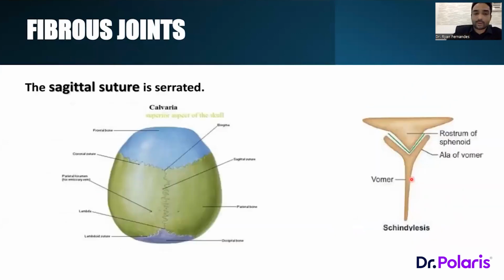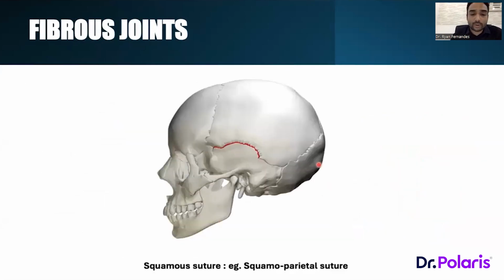Then comes sagittal, the simplest one that you can see, the sagittal suture in the skull. That is the example of serrated suture. And the rostrum of the sphenoid, the ala of the vomer. So the ridge going into the groove, ridge going into the groove. So that is sindesmosis. So these are the different sutures that you have to remember.